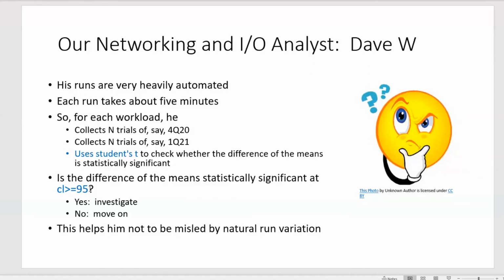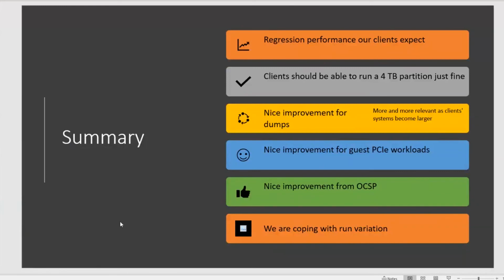So this is a fairly stringent standard. If he's got significance, then he'll investigate whether it got better or worse. But below confidence level 95% in the t-test, it's just not worth looking at. Just move on, and this helps him not to be misled by ordinary run variation.